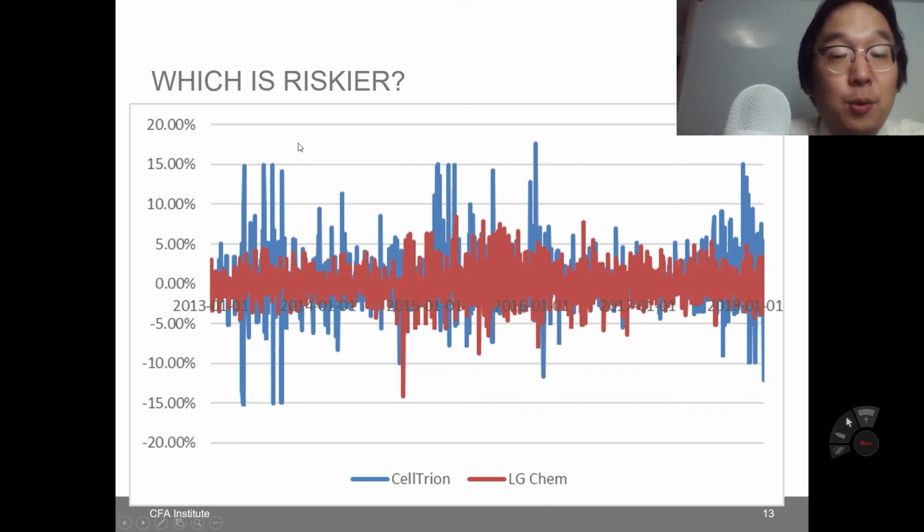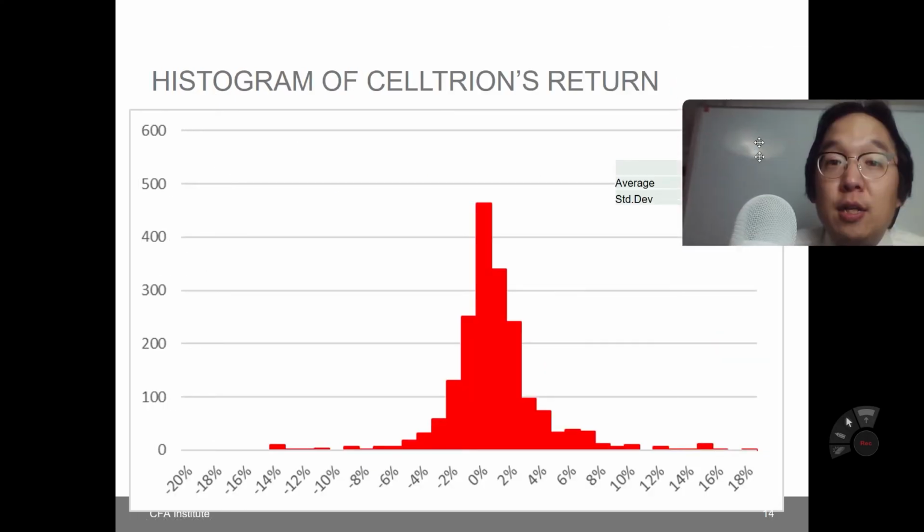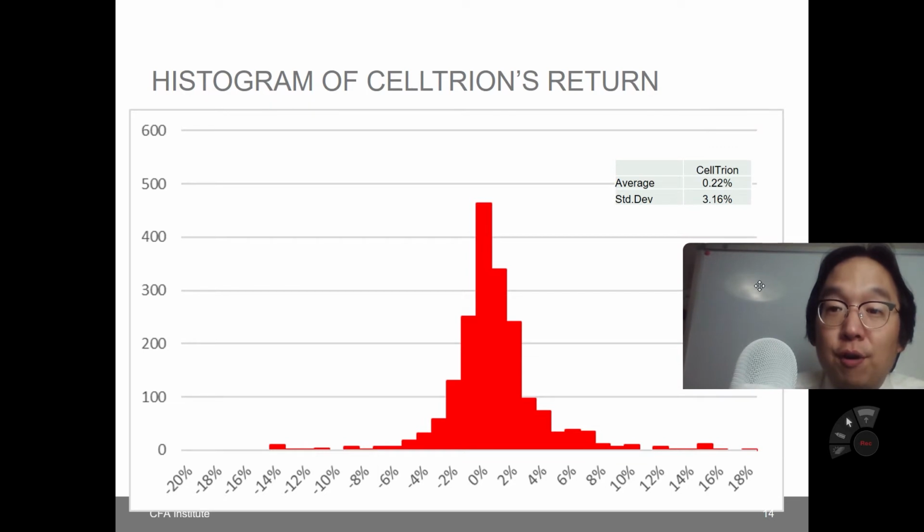But that's not the whole story yet. Here's a histogram of Celltrion's daily returns, and then you see the average and standard deviation like this. Standard deviation of return is 3.16%, which means if the Celltrion stock price goes up by 3.16% or less, no surprise. It's supposed to be going up and down.